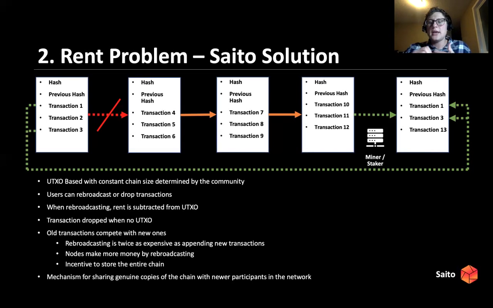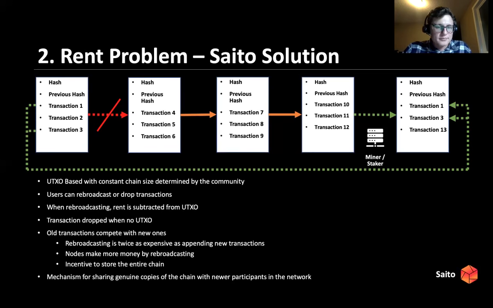And typically, these transactions that are being rebroadcasted are actually twice as expensive as those new ones that are being put on the blockchain. So this is some form of rent, because those transactions that have been on the blockchain longer pay more rent than those ones that haven't been on the blockchain for as long.